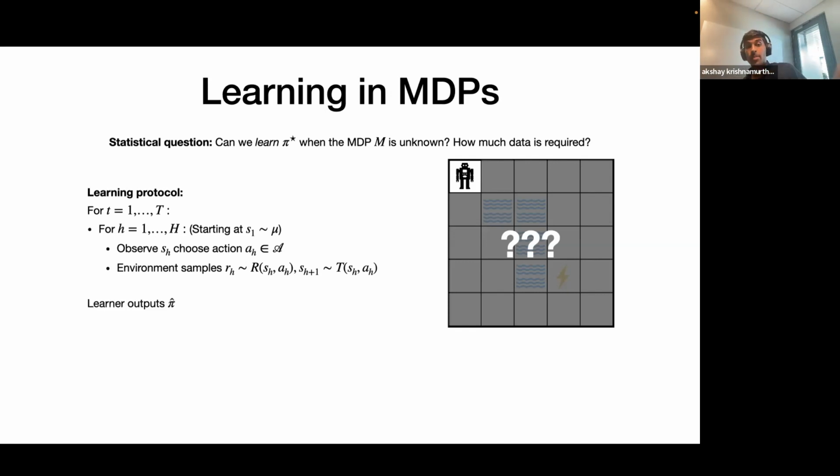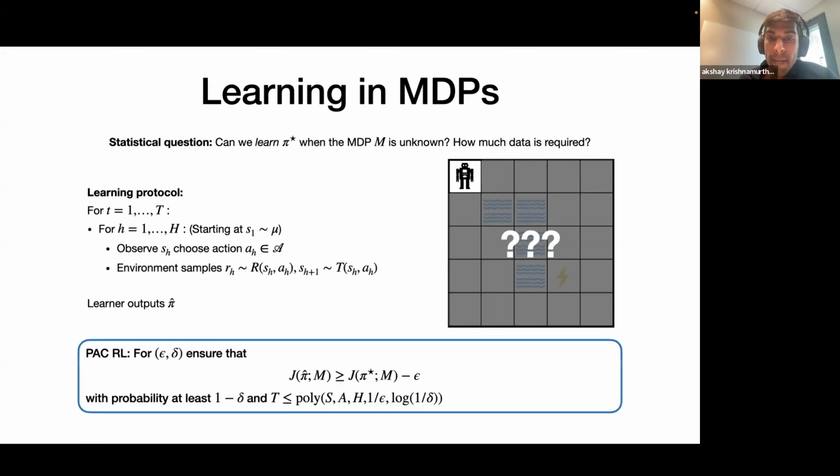At the end of these capital T episodes, you output some guess for the optimal policy, called pi hat. We're going to measure the performance by asking if your policy pi hat has value that's about as good as the value of pi star, up to some accuracy parameter epsilon. This way of measuring performance is called PAC reinforcement learning, or probably approximately correct reinforcement learning.